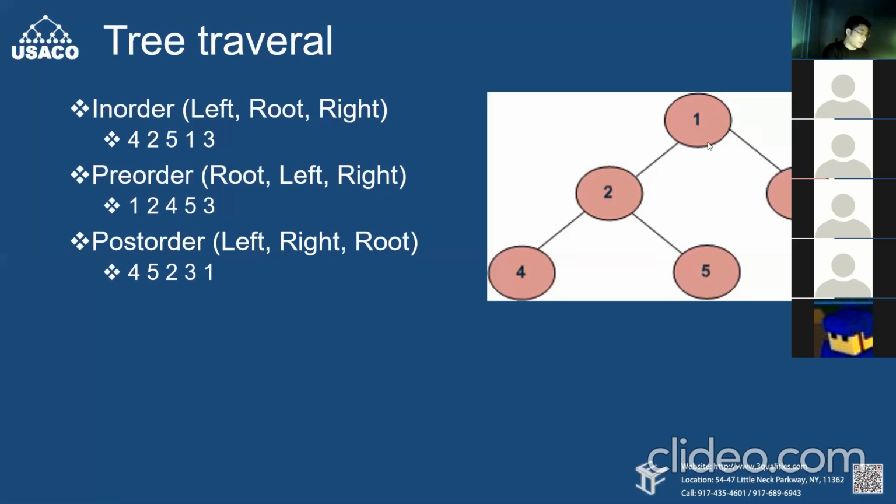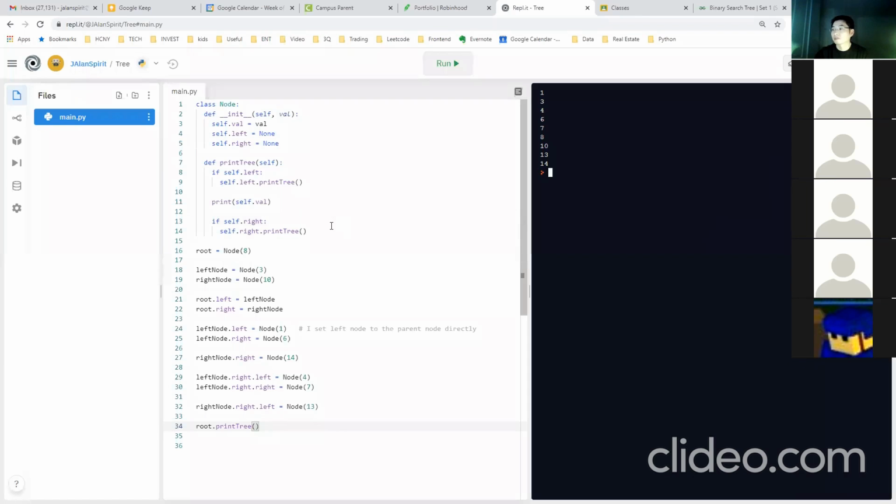Okay. So now let's take a look at how we write the 3 different traverse functions. I'm gonna continue from the previous code. Same thing for your assignment today: you need to continue from your previous assignment code.